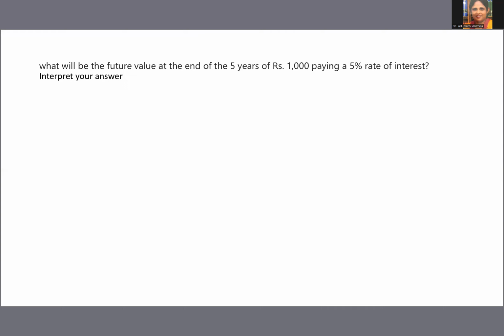Present value is the current monetary value of a future amount. Remember, present value is the current monetary value of a future amount: the amount of money that would have to be invested today at a given interest rate over a specific period to equal the future amount.